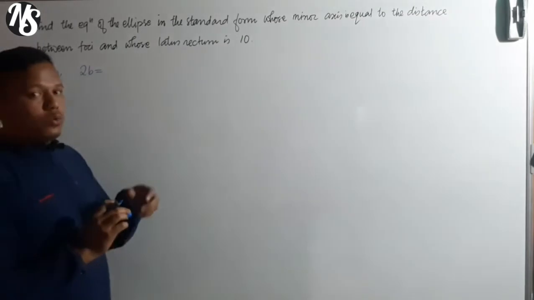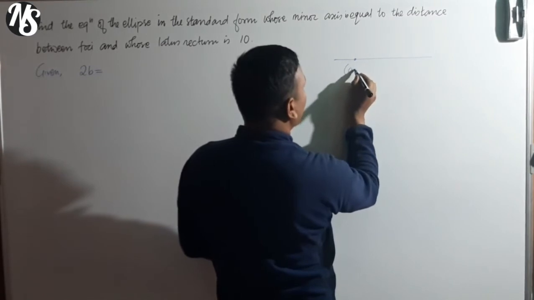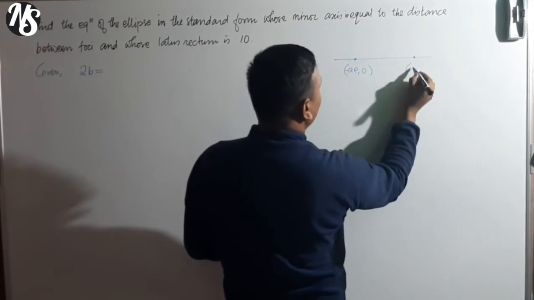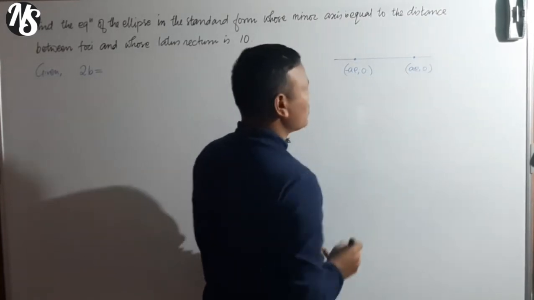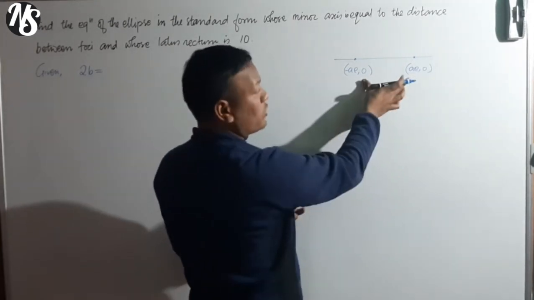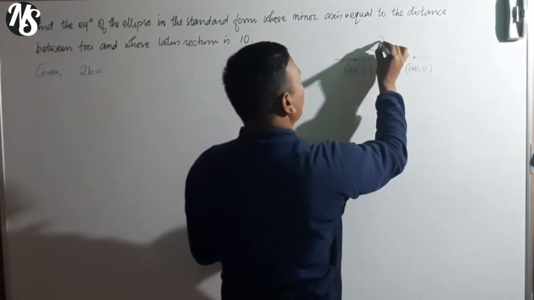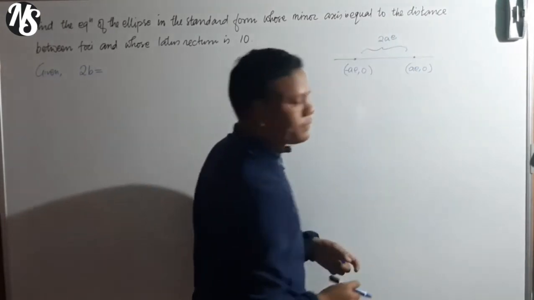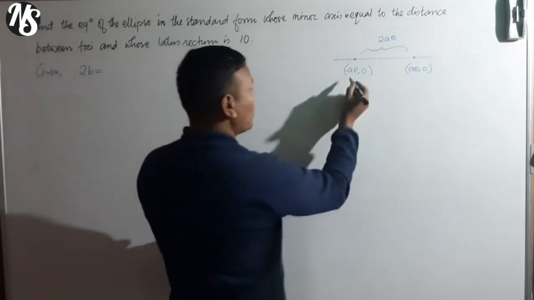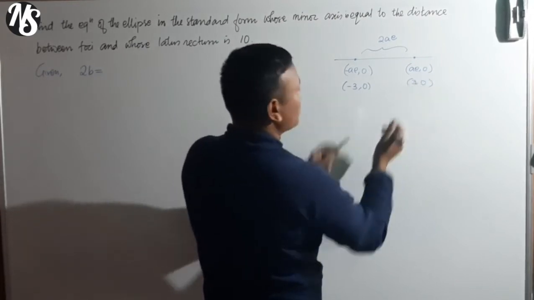You know that the coordinates of the foci are minus ae, 0 and ae, 0. So what will be the distance between them?